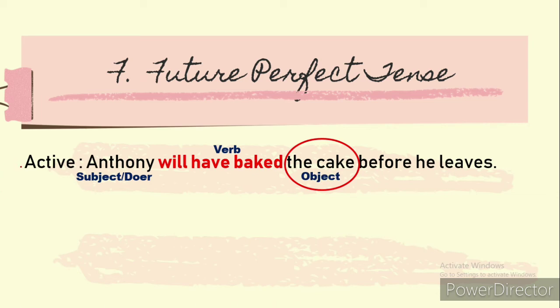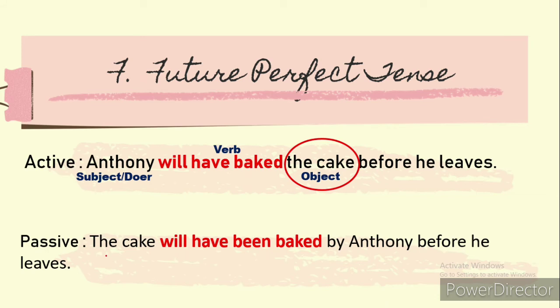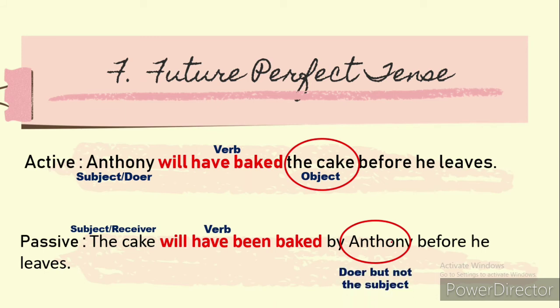In passive voice, it will become the cake will have been baked by Anthony before he leaves. The cake now will be the subject but not the doer. It is the receiver of the action will have been baked, and Anthony here is the doer but not the subject.